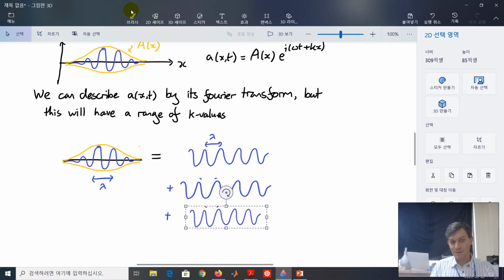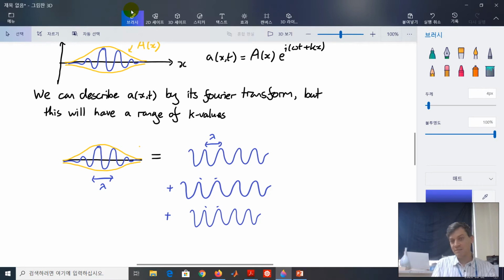This, okay, and by adding together a series of these plane waves, you can get a wavelet which looks exactly like this.